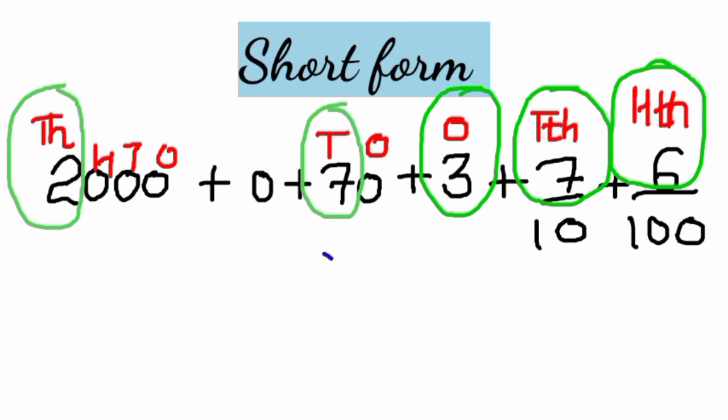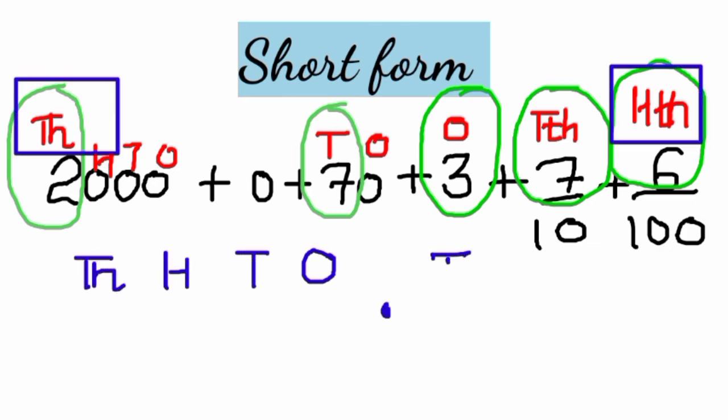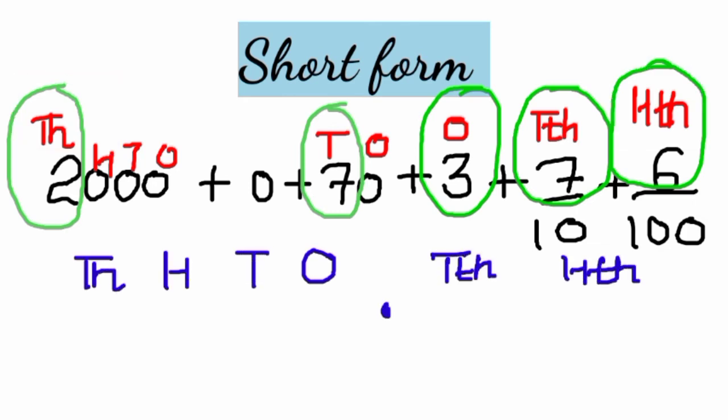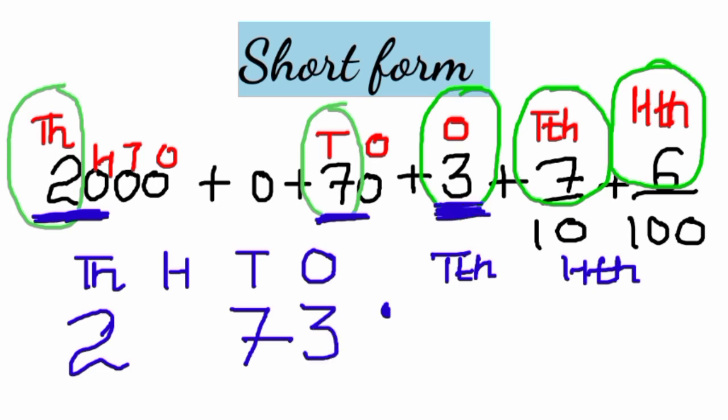So write the places ones, tens, 100, 1000. After decimal 10th, 100. So write 2 at 1000th place, 7 at tens place, 3 at ones place, 7 at 10th place, that means after decimal, and 6 at 100th place after decimal.